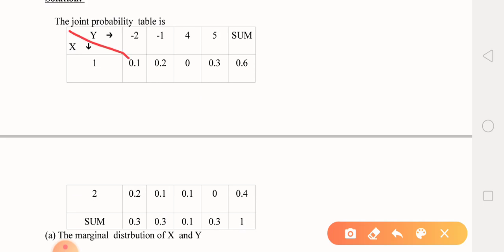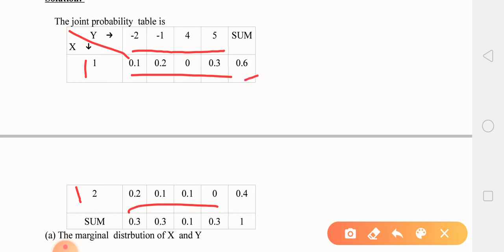it is better if you draw a line like this, so that it separates the x values and y values. Given x values 1, 2, I have written the same. Given y values minus 2, minus 1, 4, 5 as they are, and these probabilities also as given. The extra work is to sum all those probabilities and write 0.6.